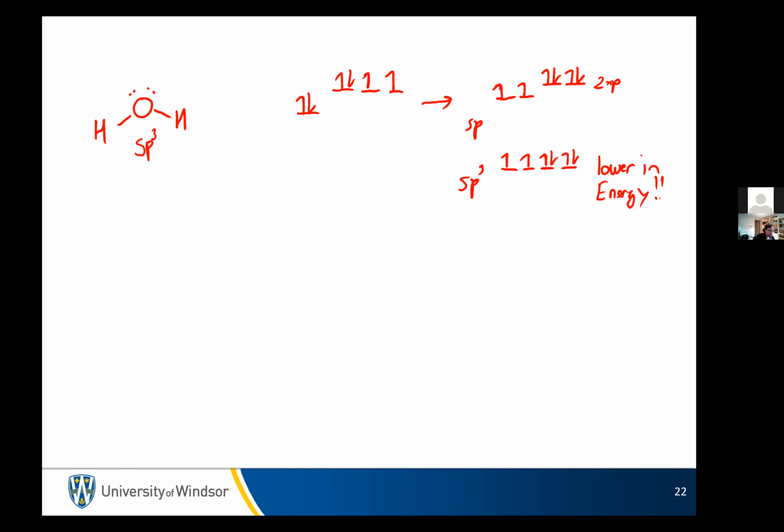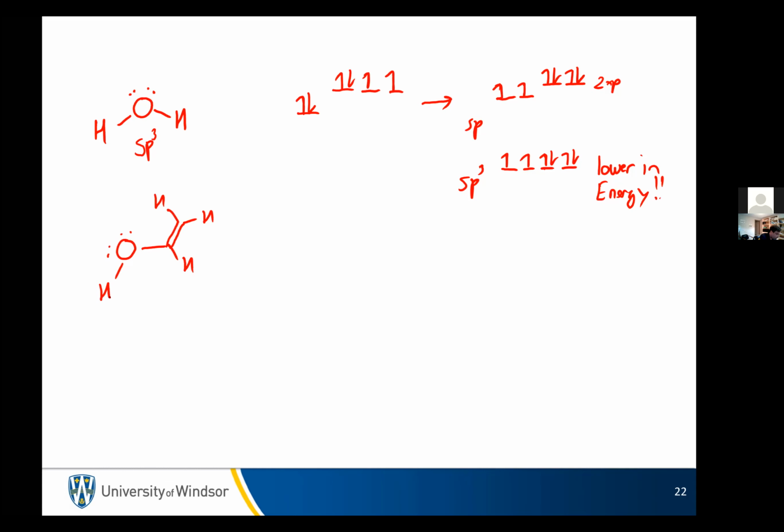But I want to put the caveat on here, and we'll get back to this next class. I think that this molecule, which is ethanol, it doesn't exist.